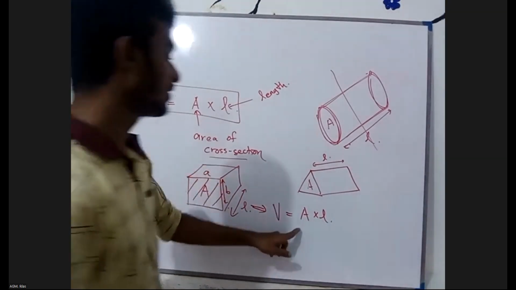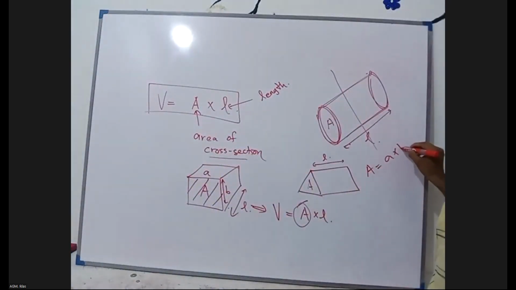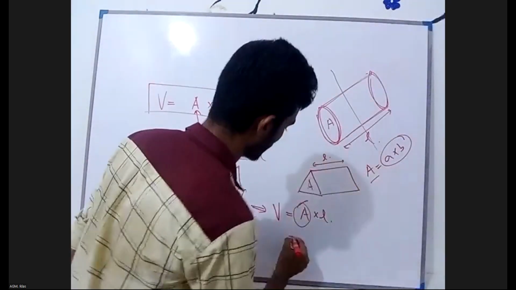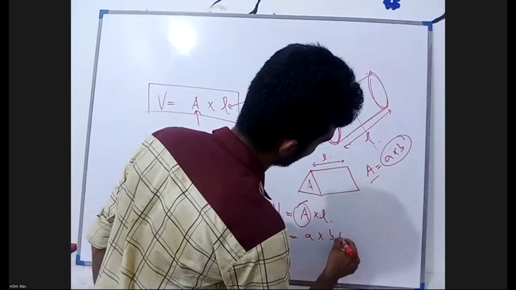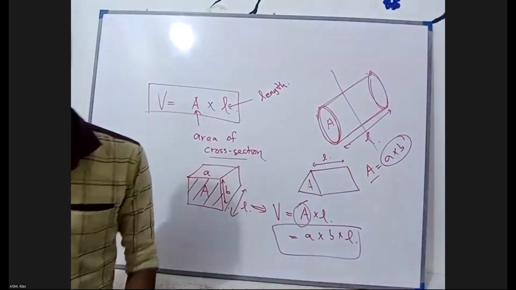So for this A, I can substitute A is equal to a cross b. So a into b into L. So this is what they have mentioned in your book.